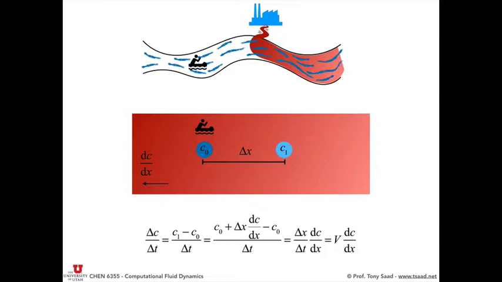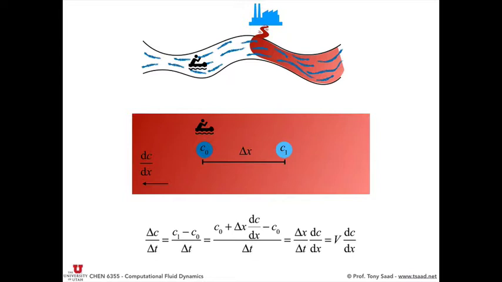So for the Eulerian observer, they're going to see something like this, right? Because the concentration is going to change over time as well. And that difference over here is a dC by dt, a local rate of change of the concentration. And we're going to choose to call this a partial derivative because the partial derivative is defined from an Eulerian perspective, essentially.